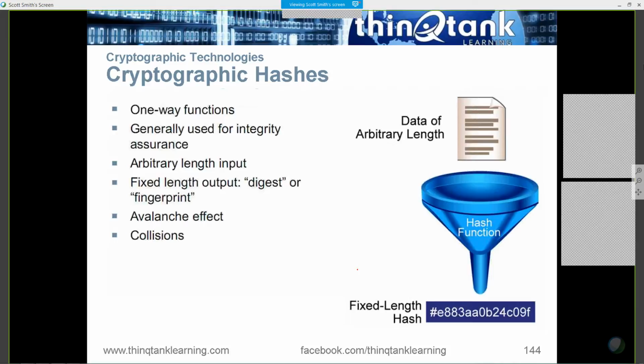All right? One of the first things that we talk about in cryptography is something called a cryptographic hash. A cryptographic hash. All right?